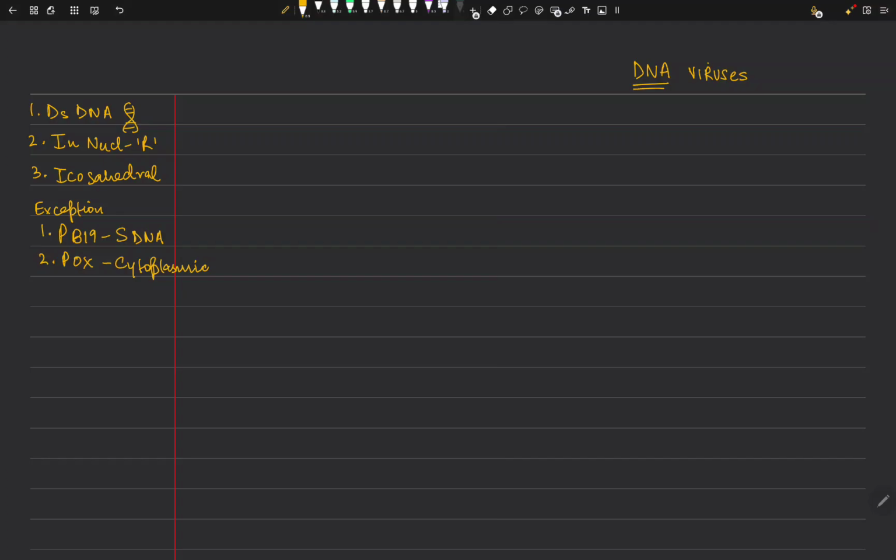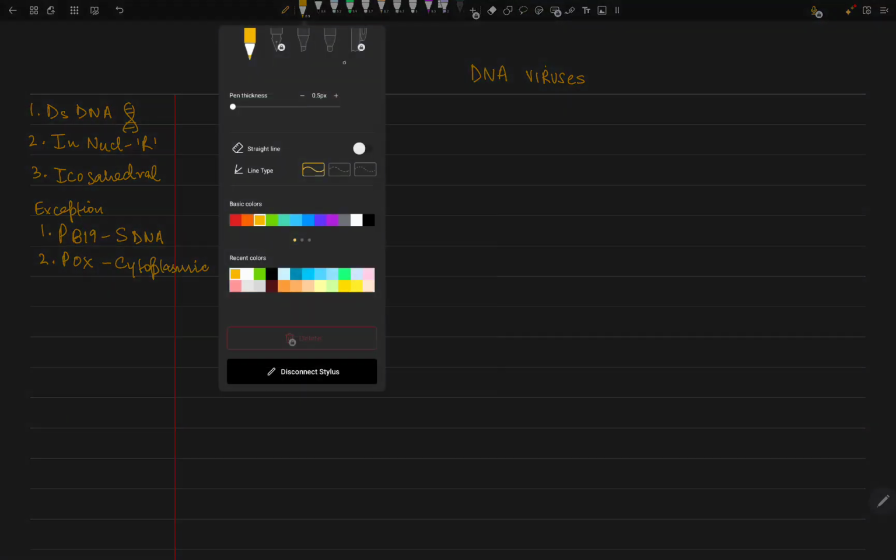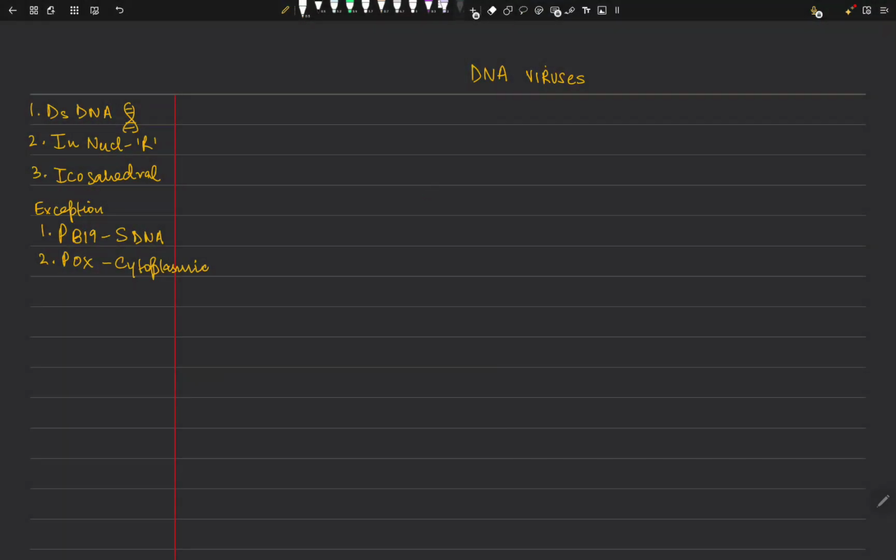So the first way we can really understand them is to split DNA viruses into two categories. The first category is based on shape. First is icosahedral shape. Second is inner tubular nucleocapsid shape.